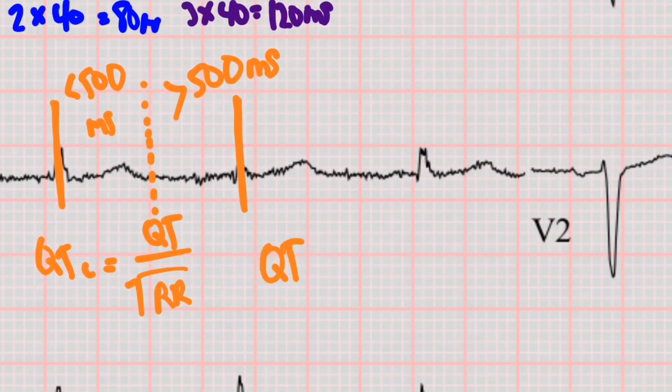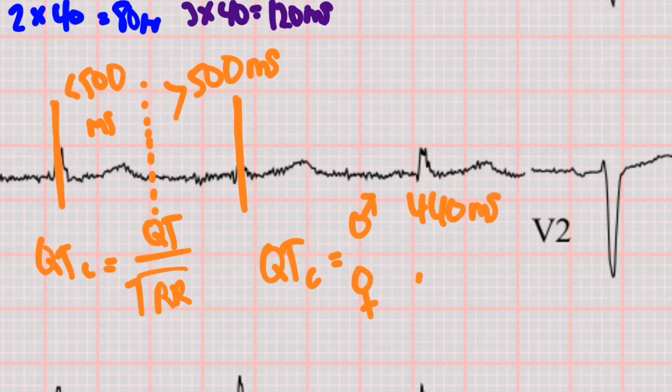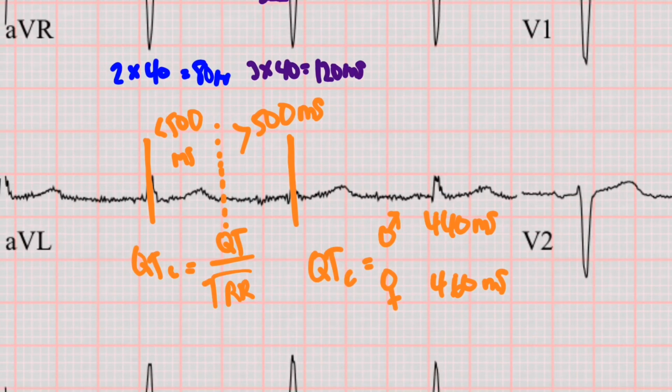The reason we have to do this correction is because the QT is very rate dependent, and it's different for men and different for women. It depends on what you got. But really, even though those numbers are there, you really start getting into trouble when it gets above 500 milliseconds, which is why I think this bisection method works. Really, you're going to look at the top of the EKG to figure out what the interval is.